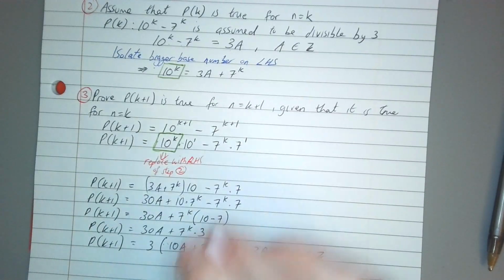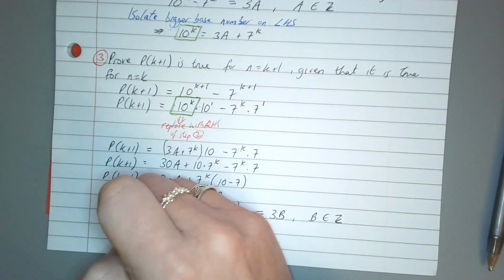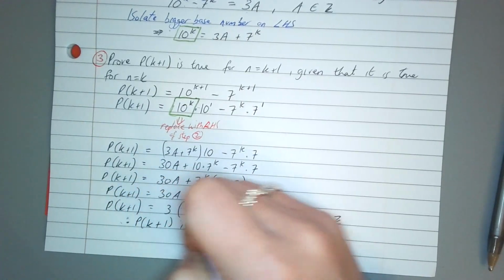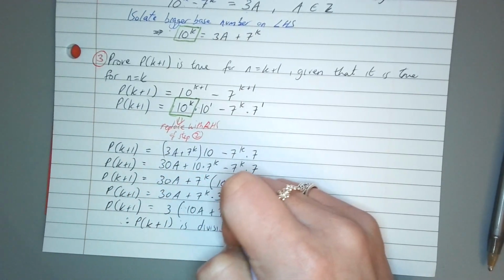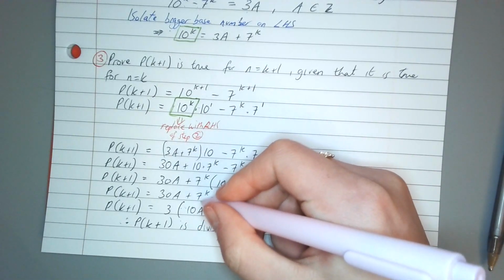And what we want to do then is write the conclusion for step 3. So we're saying, therefore, the proposition of k plus 1 is divisible by 3, because we factorised 3 out in this part here.